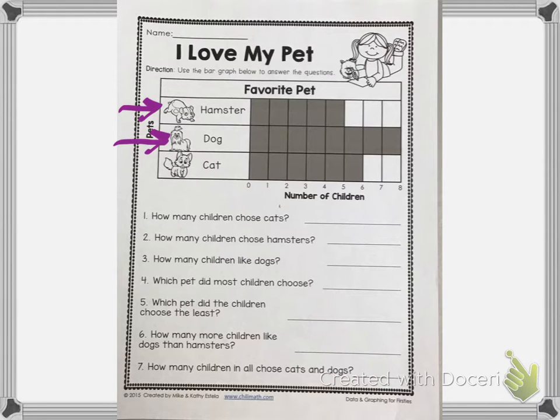That's a kind of pet. And we have a cat. That's a kind of pet. Now, down here, this says number of children. That means how many children chose each of these things here as their favorite pet.